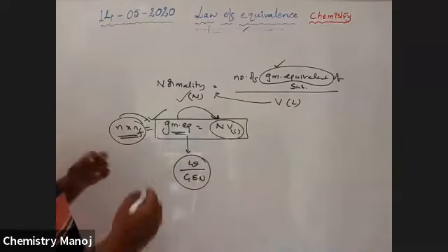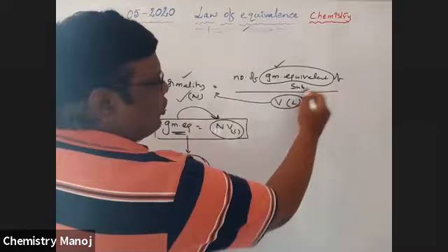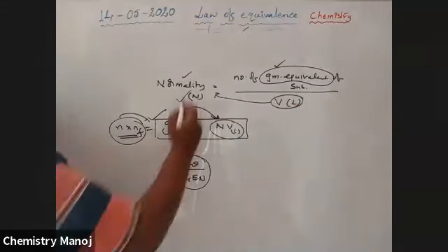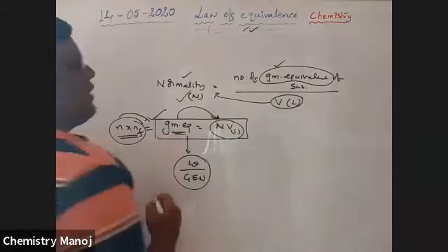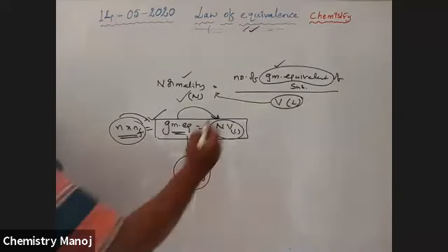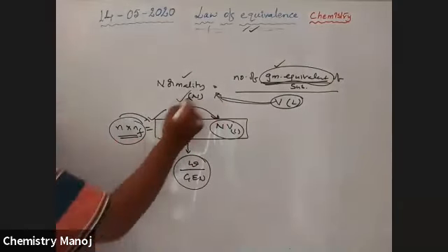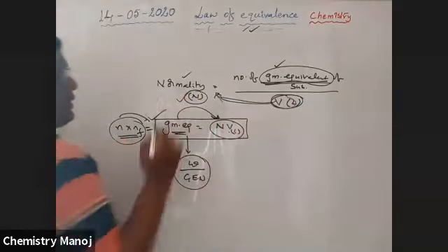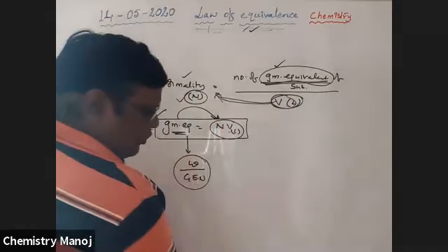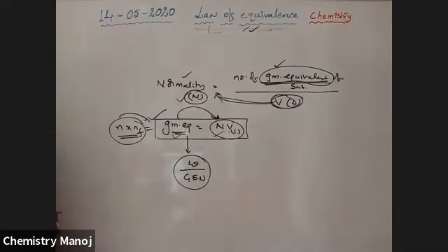We know normality is equal to number of gram equivalents of substance by volume in liters. But we want gram equivalence, by cross multiplication. Therefore, another formula to find gram equivalence is normality into volume in liters.